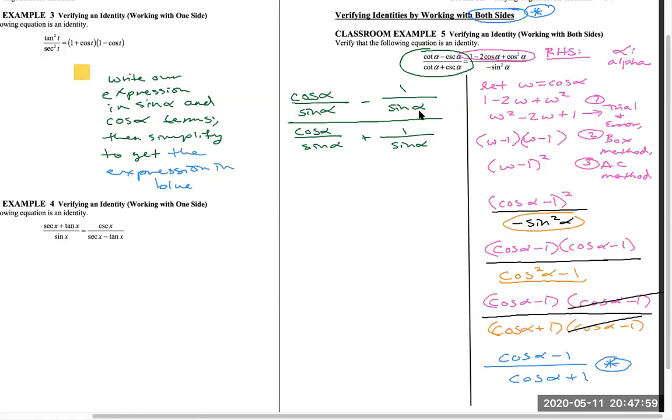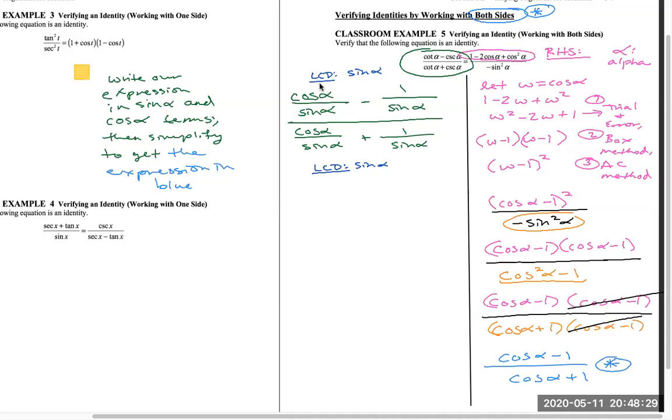Okay, the LCD for the top is actually the same as the LCD for the bottom here. The LCD is sine alpha on the top, and the LCD is sine alpha for the bottom. So this is, remember, what's called a complex fraction, because there's some fraction stuff in the numerator that can be simplified and fraction stuff in the denominator that can be simplified.